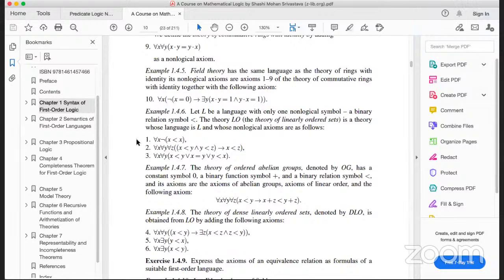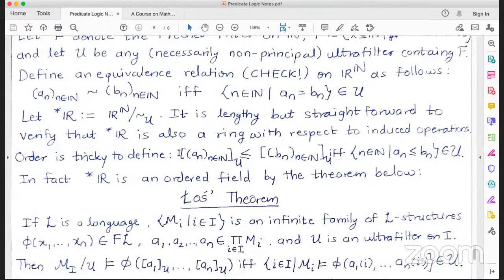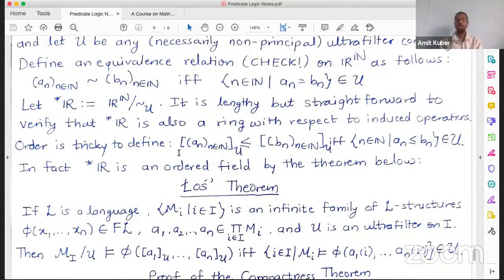Okay, sir. Shashank. Yes, sir. So what we got from Łoś's theorem is that any first order formula that is true on reals is true in hyperreals.